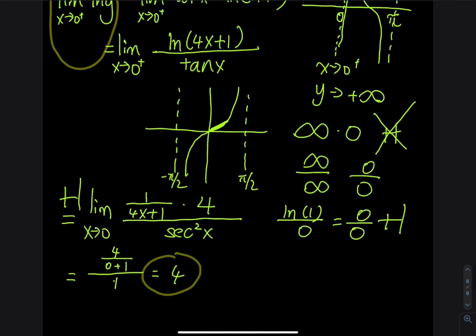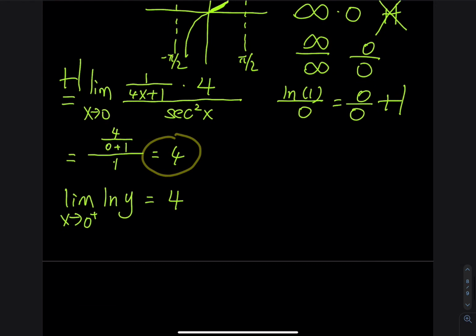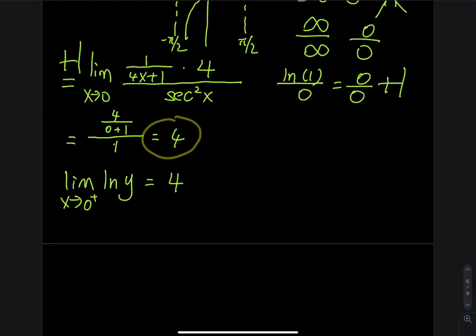So overall, we have a limit as x approaches 0 from the right. We have ln y is equal to 4. And then we take e raised to both sides. So we have limit as x approaches 0, e to the ln y equals e to the 4. And then e to the ln y is just equal to y.